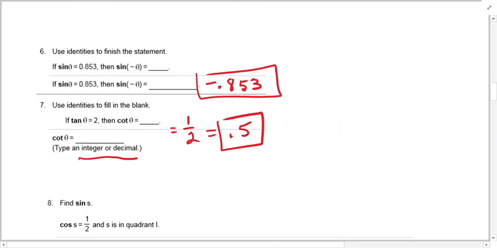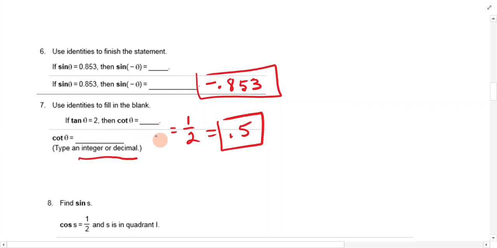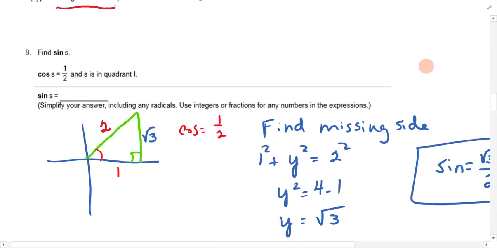If sine theta equals 0.853, then sine of negative theta equals the negative of that value. If tan theta equals 2, then cotan theta equals, you flip 2. So instead of 2 over 1, you have 1 over 2. It wants a whole number or a decimal, so change it to 0.5. Number 8.